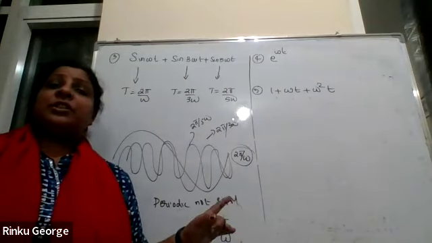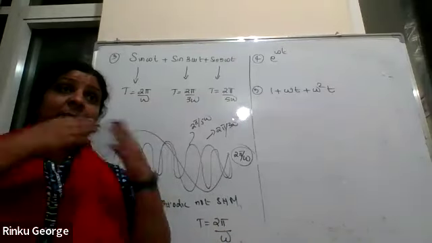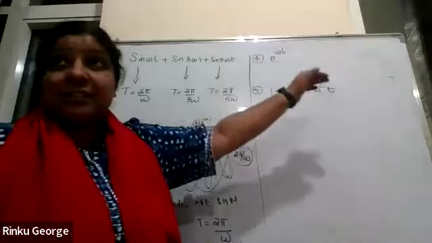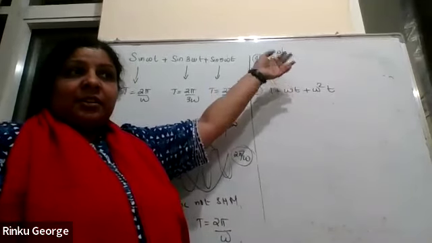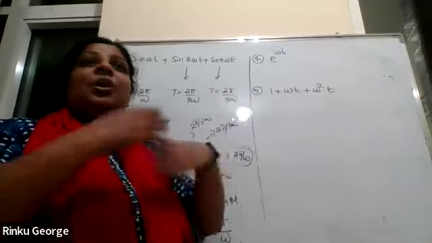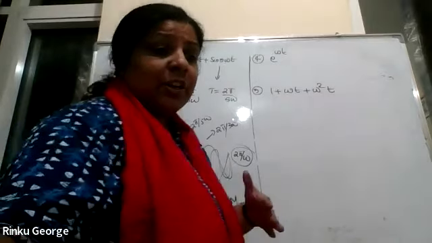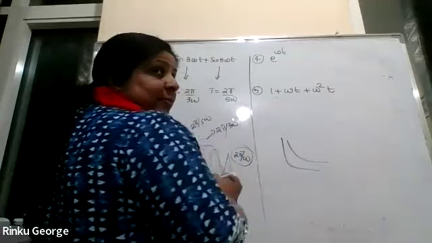E raised to omega t. All exponent functions are decreasing in nature. E raised to means exponent. Exponent functions decrease with t. As t increases, the value of an exponent function decreases. It is not a repeating function. It is a decreasing function. If you draw a graph, it will go like this.